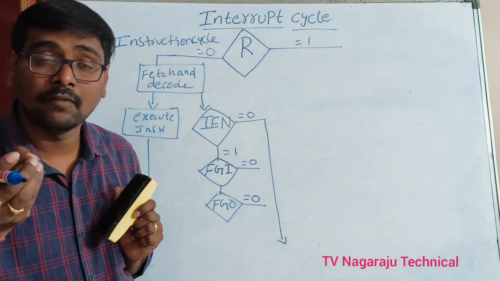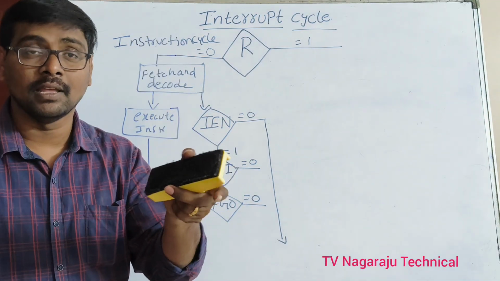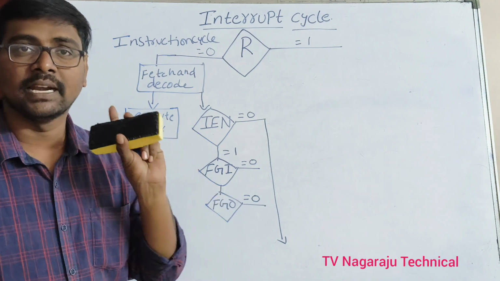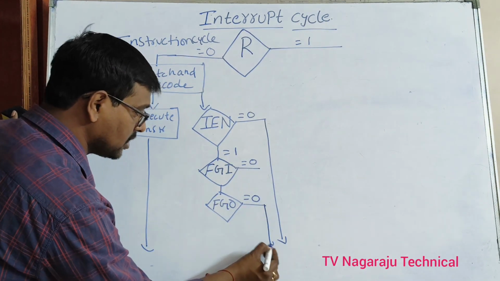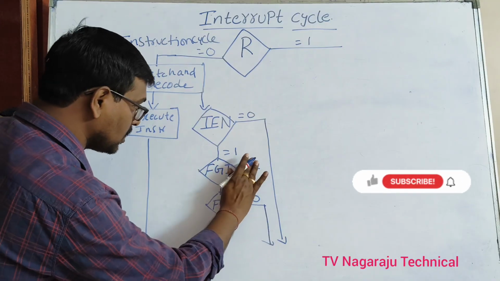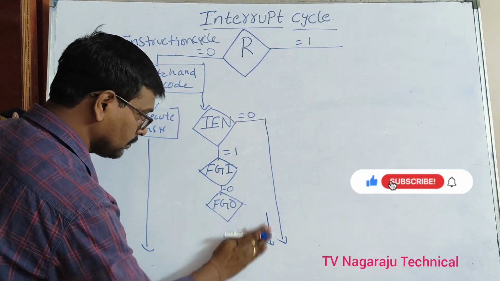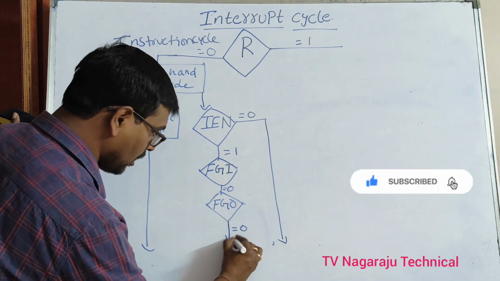What is the meaning of this? Both input output flags are not ready. Both are cleared, meaning there is no IO device ready for interrupt. Simply continue the execution. Clear?